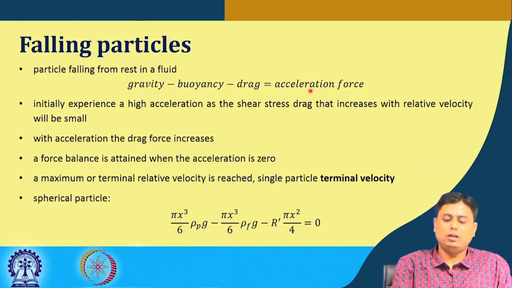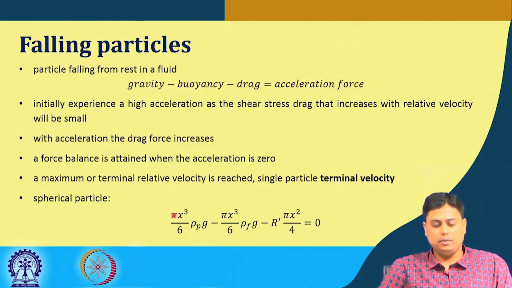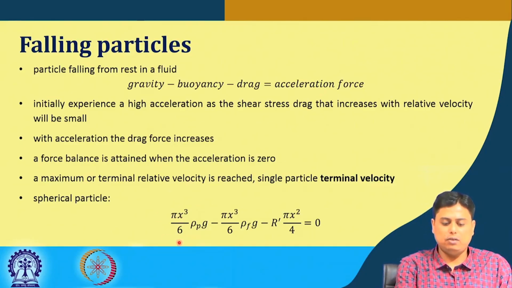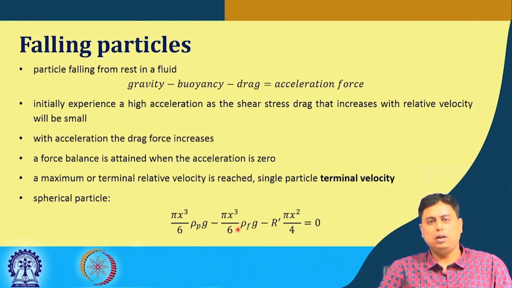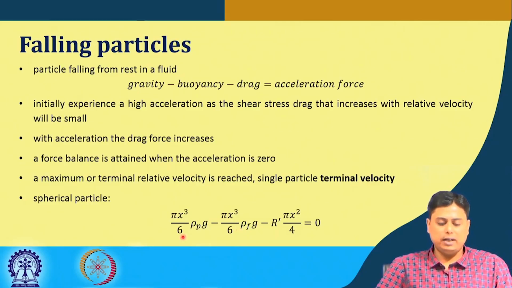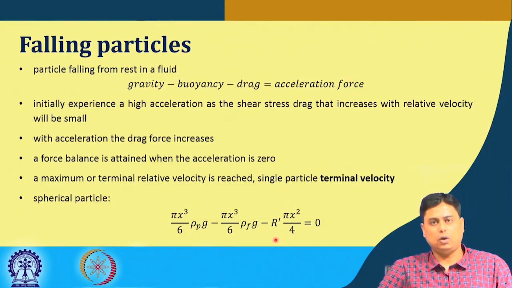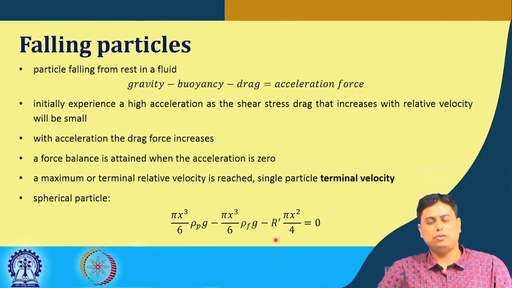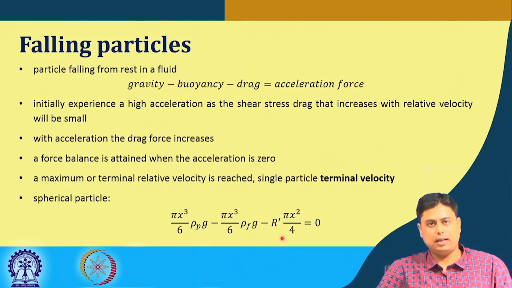Here, for a spherical particle having diameter x, this is the gravitational force, this is the buoyancy force, where rho f is the fluid density in which it is falling and rho p is the particle density, and this is the drag force on the projected area of the sphere. This is how we are applying our previous knowledge in this calculation.